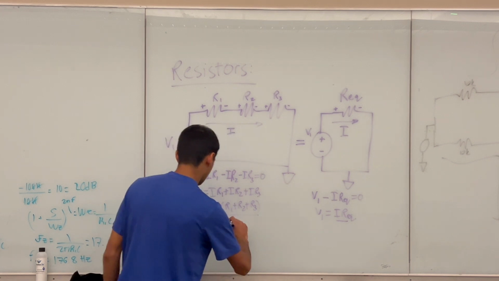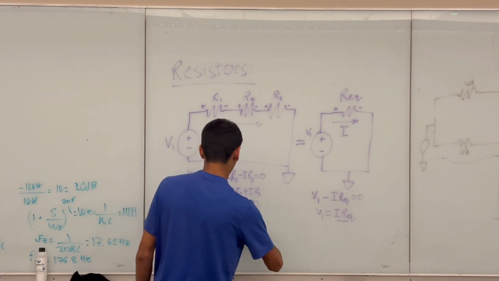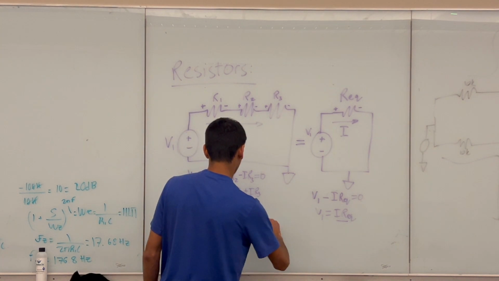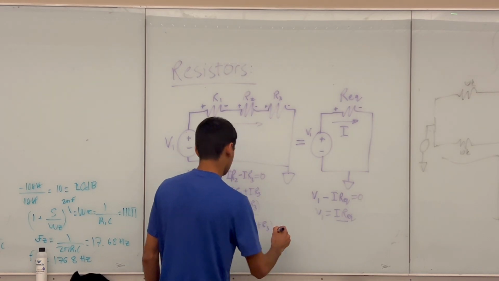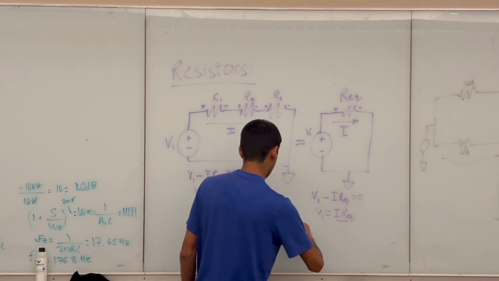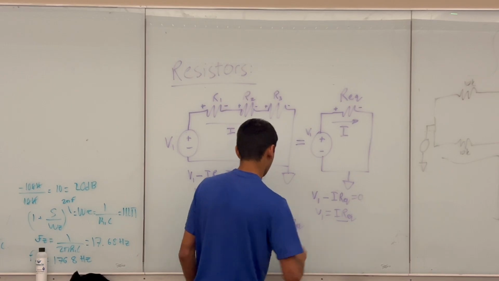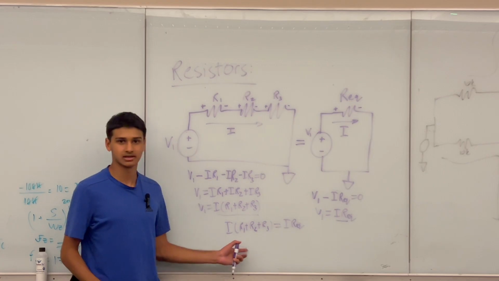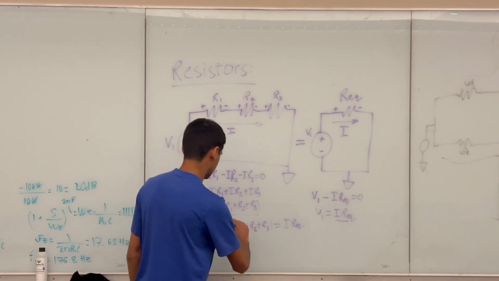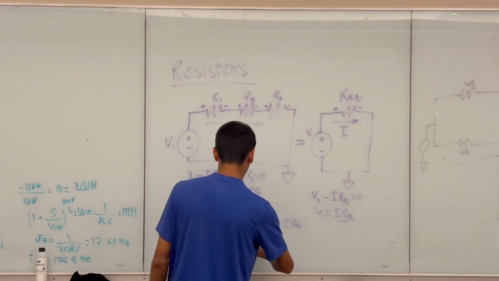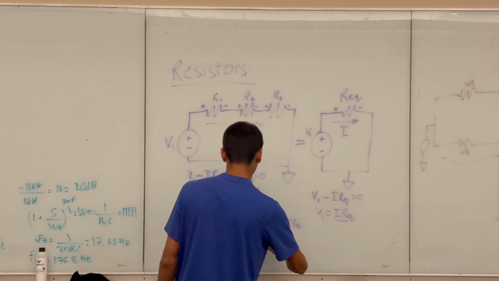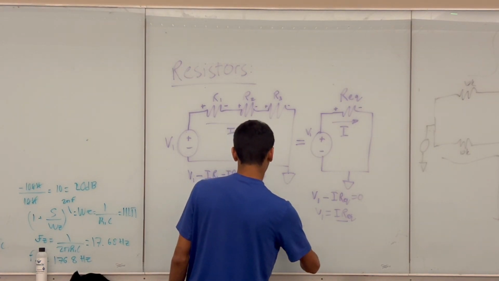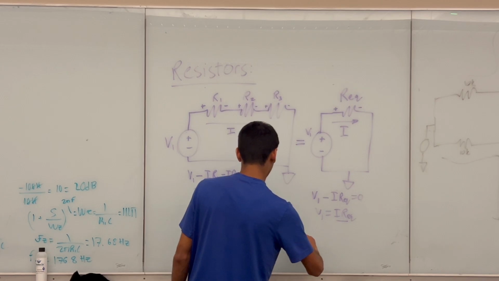So I can write I times (R1 plus R2 plus R3) equals I times Req. And so as you can see, the I is the same in both scenarios, so you can just cancel that out. So you get that Req equals R1 plus R2 plus R3.